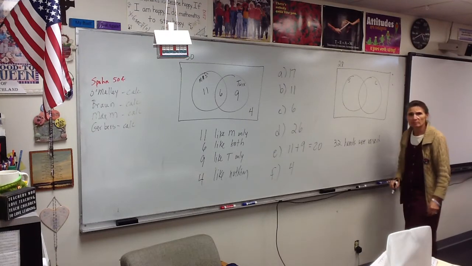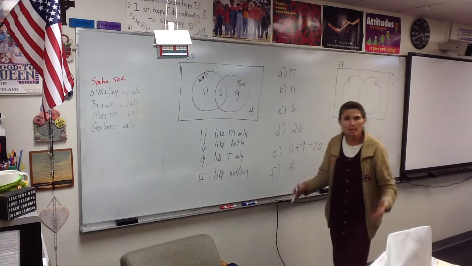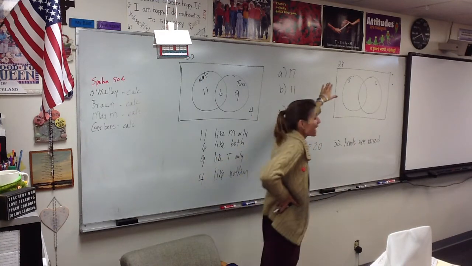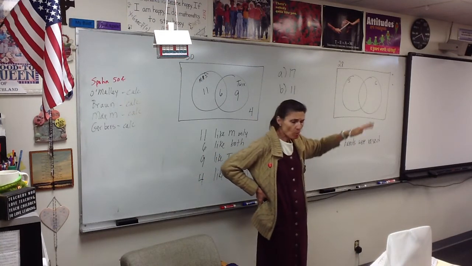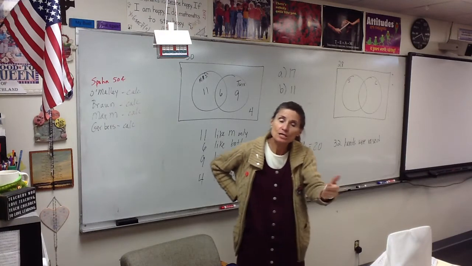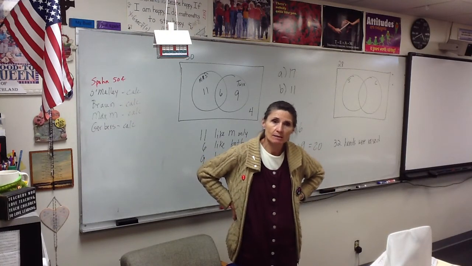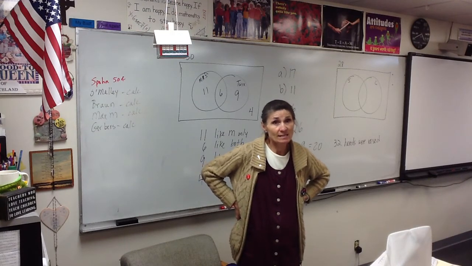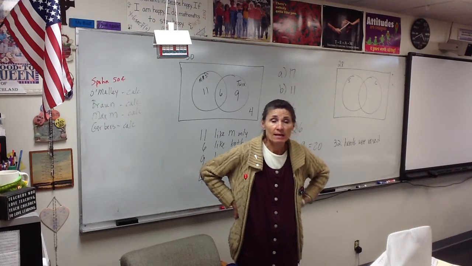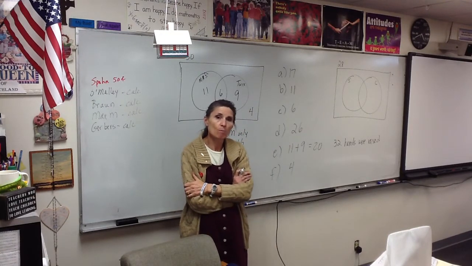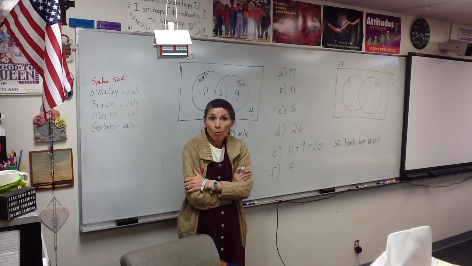What's wrong with that? Why does that concern me? Groupies, there's only 28 kids in the class. How is it possible that 32 hands went up if there's only 28 kids in the class? Somebody raised his hand more than once. In fact, how many people raised their hands more than once? 4.